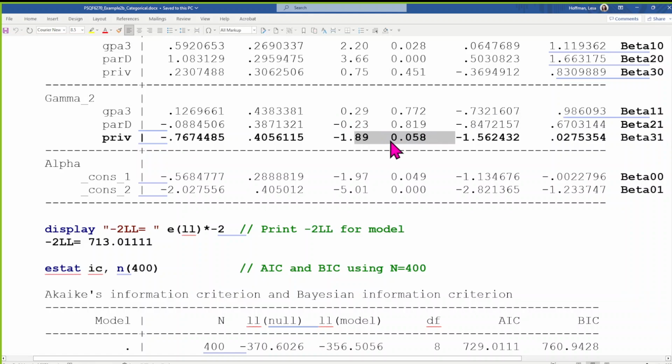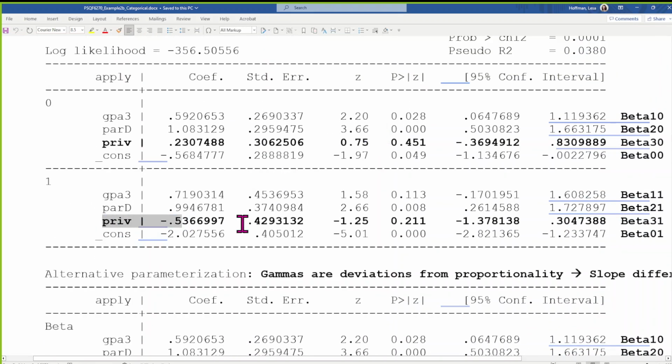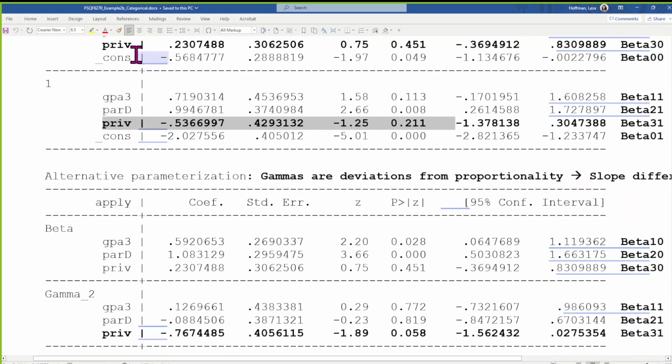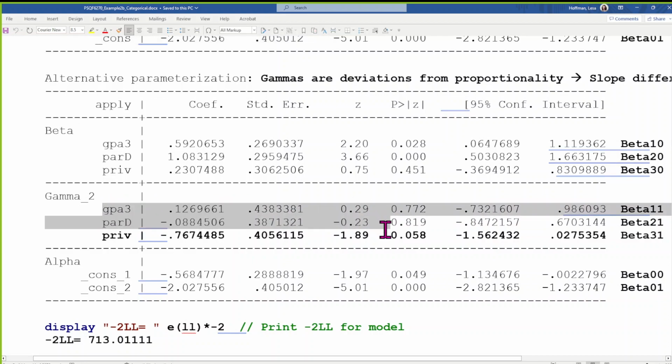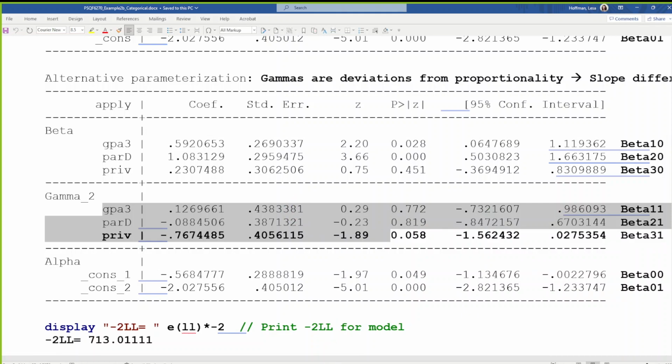It's almost a difference. The slope itself is negative. So up here tells me what the slopes are in each submodel. Down here, this box tells me if they're different. Given that I only have 2 submodels, there's only one possibility for the difference.